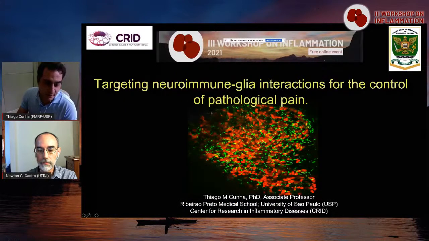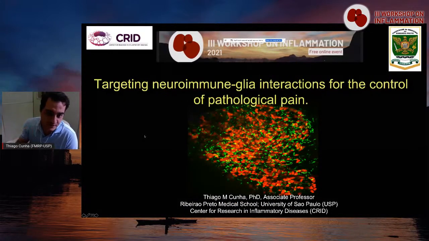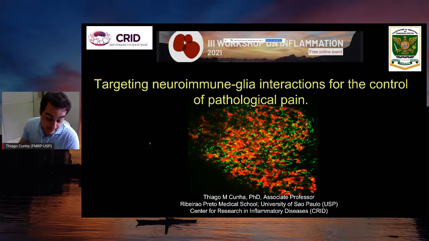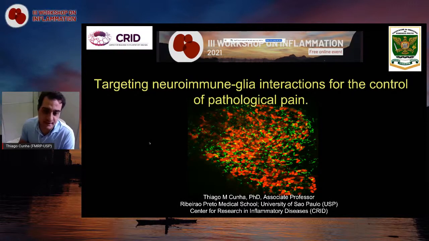As Newton said, my lab is mainly focused on understanding the neurobiology of pain. And especially we are very focused on the neuroimmune glia interactions and how these interactions can contribute to pathological pain. And at the end of the day, the idea of the lab is to identify novel targets, as Francisco Quintana said, related to multiple sclerosis.